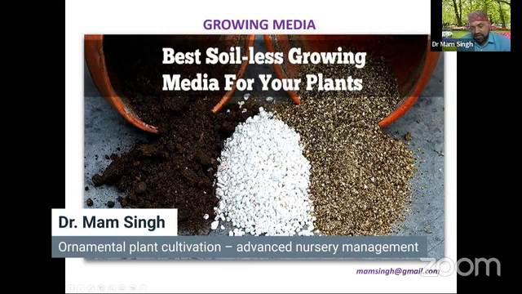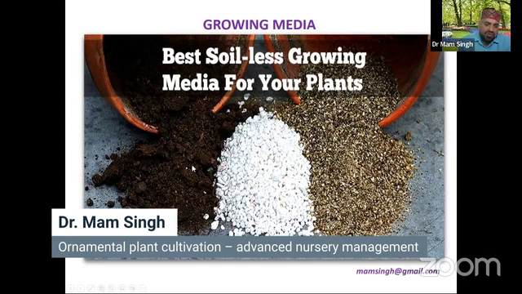Then we have vermiculite. So you understood the function of coco peat, which is a coconut husk powder, decomposed fiber, and then we have perlite, which will retain its water.